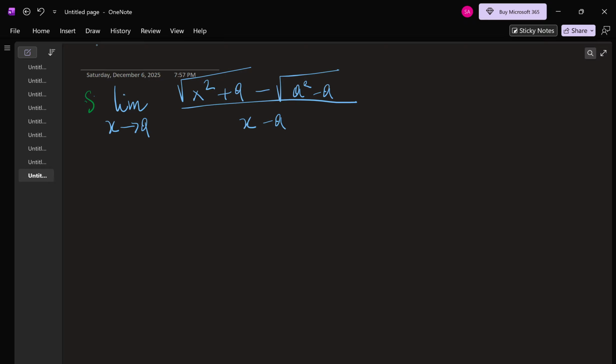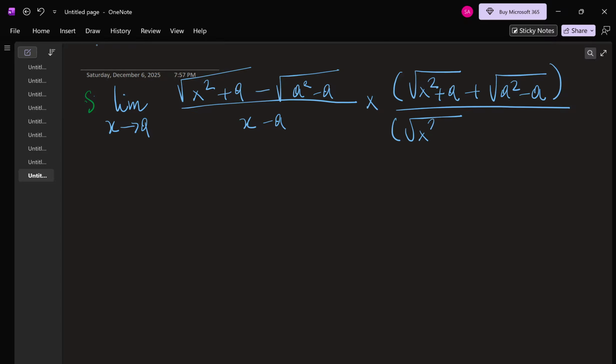Firstly, we will multiply both the numerator and the denominator by the square root of x squared plus a plus the square root of a squared minus a.